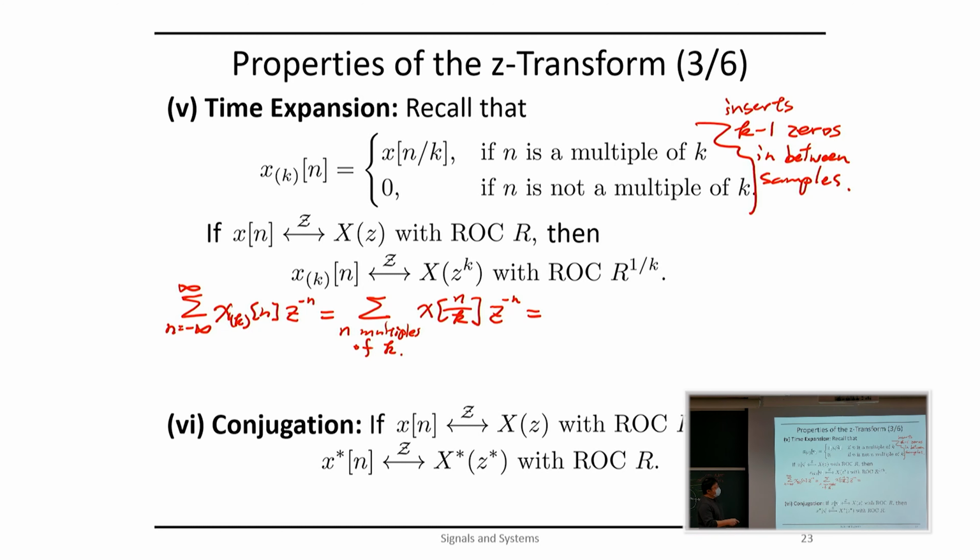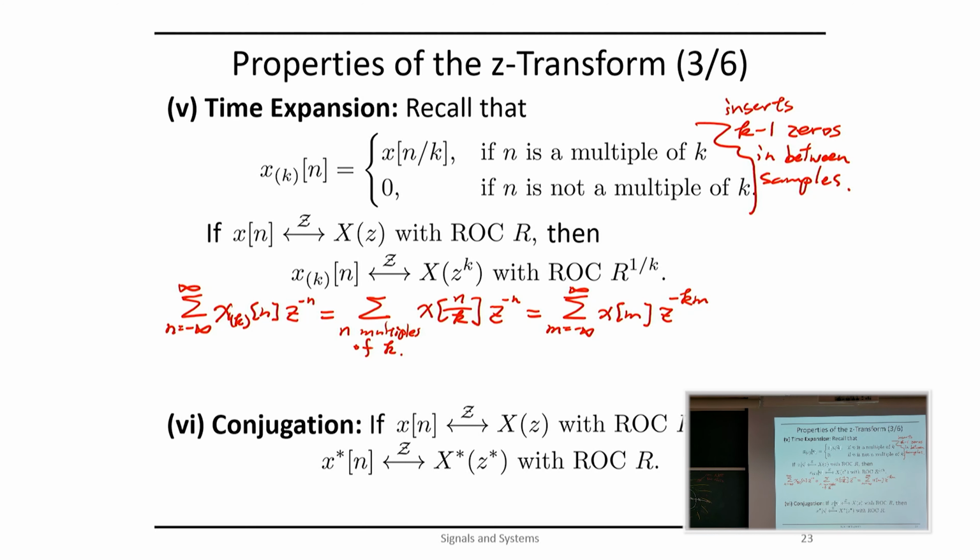Now let me do a change of variable where I set m equal to n over k, so that I'm summing over m from minus infinity to infinity x of m times z to the minus mk, or k times m.